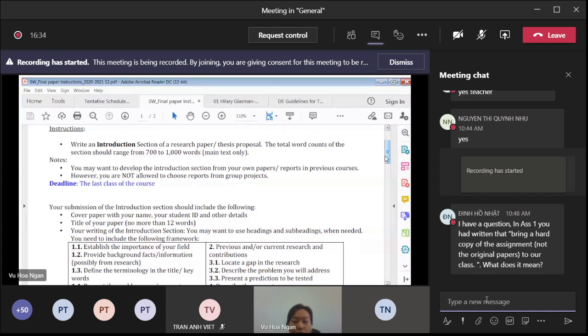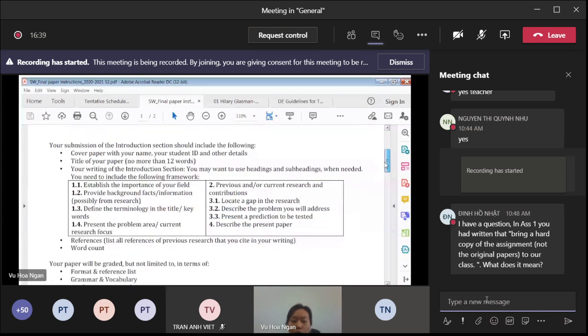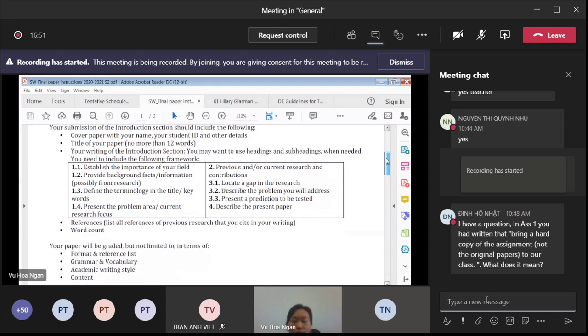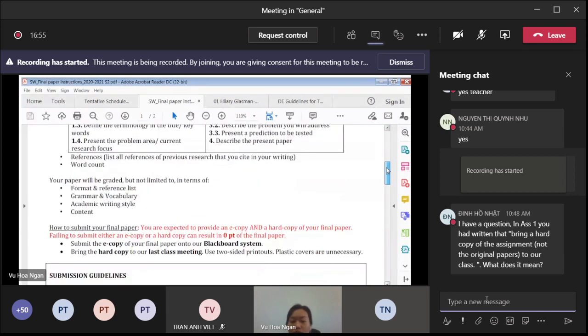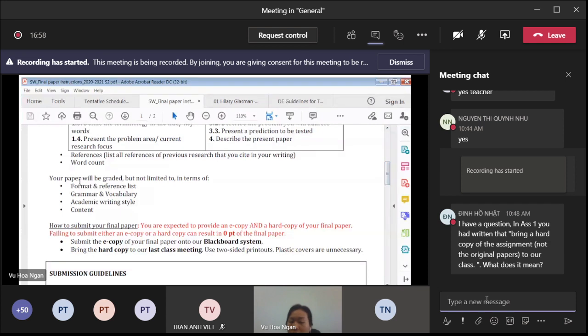And the details, the content that you need to have in your paper, and the criteria that you will be assessed on. It may be changed, but I don't think it would change a lot. But these are the criteria that you will be assessed on in your paper.